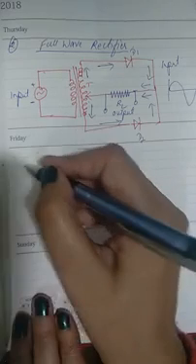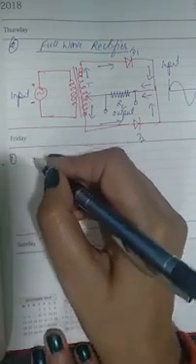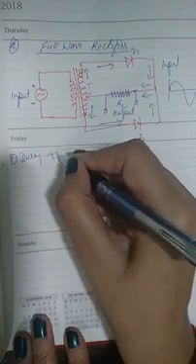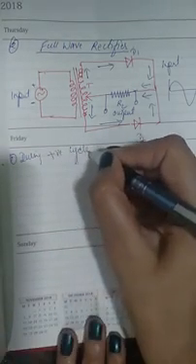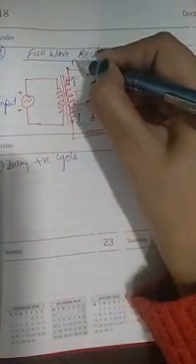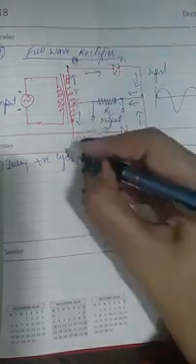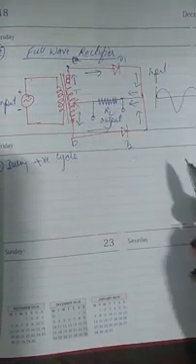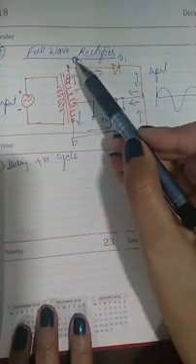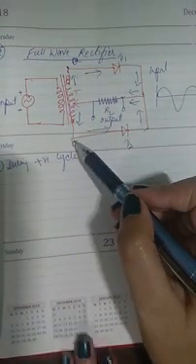What happens during the first positive cycle is, let us consider again this point as A and this point as B. During the first positive cycle, A will be positive and B will be negative.